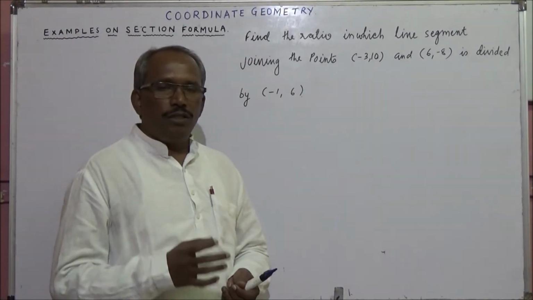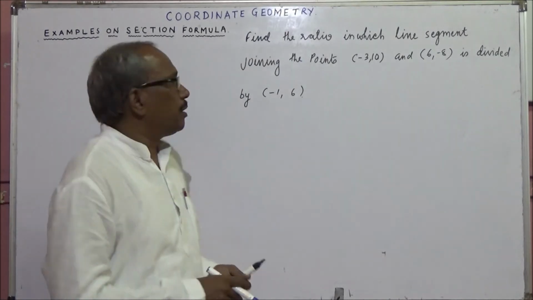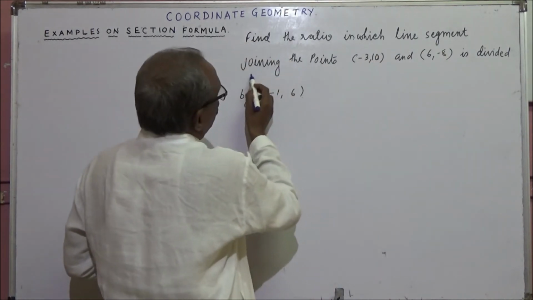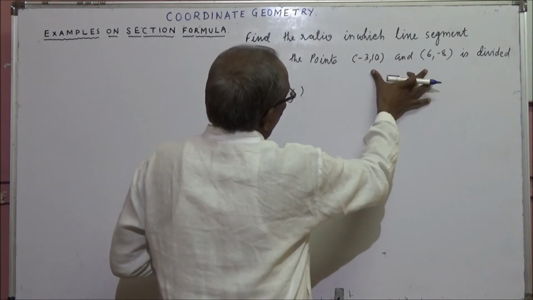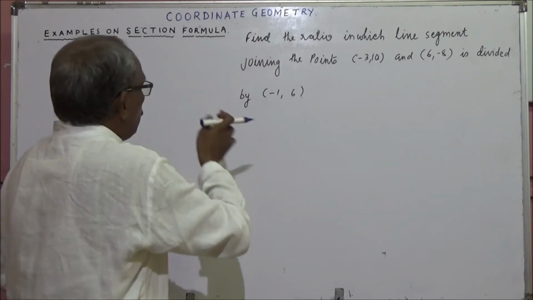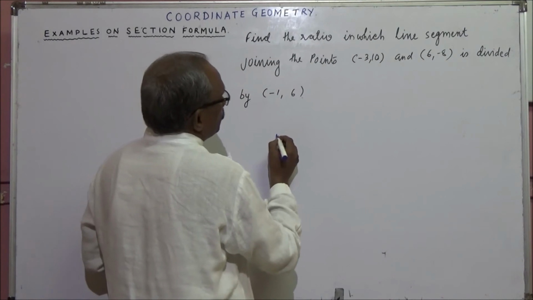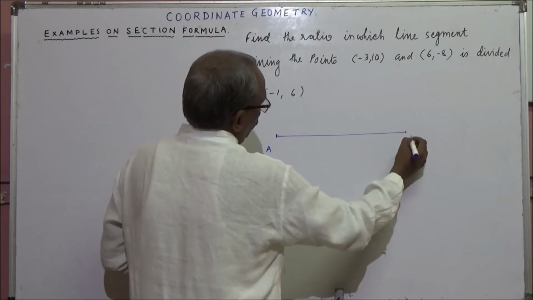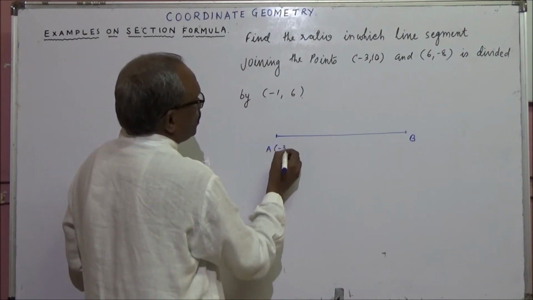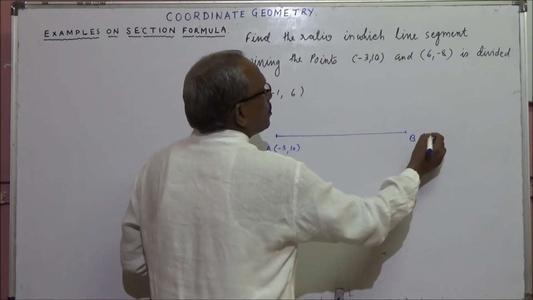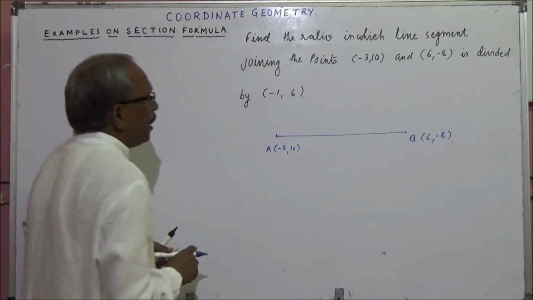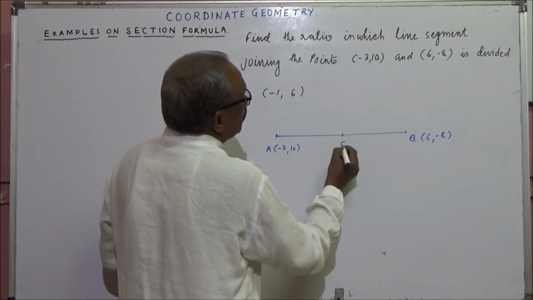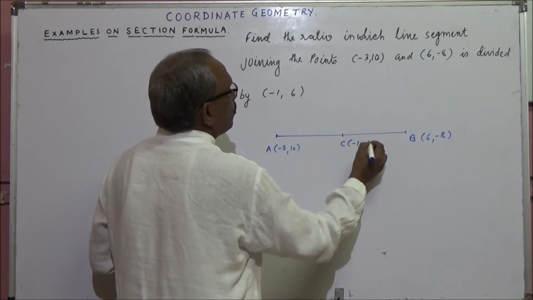Okay, dear students, let us solve one more example on section formula. So what is the question here? Find the ratio in which the line segment joining these 2 points is divided by this point. Suppose this is line segment AB, with coordinates (-3, 10) and (6, -8), and suppose this point C divides it, where C is (-1, 6).